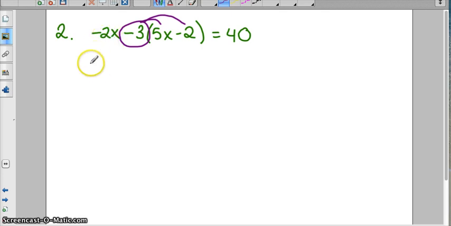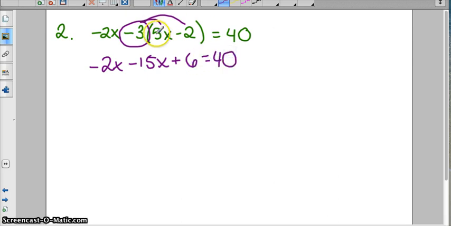So I'm going to bring down my negative 2x since I'm not doing anything with that yet. And then negative 3 times positive 5, we have negative 15x. And then negative 3 times negative 2, we have positive 6, so plus 6 equals 40.